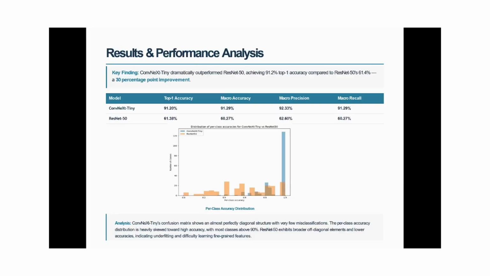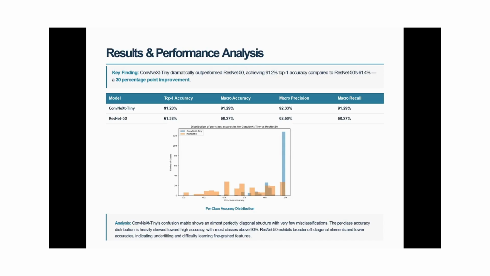Next is the result and performance analysis. After training, ConvNeXt Tiny achieved a top 1 accuracy of 91.2% and macro accuracy of 0.913, while ResNet 50 scored 61.4% top 1 and 0.603 macro accuracy. ConvNeXt also has higher macro precision and recall.